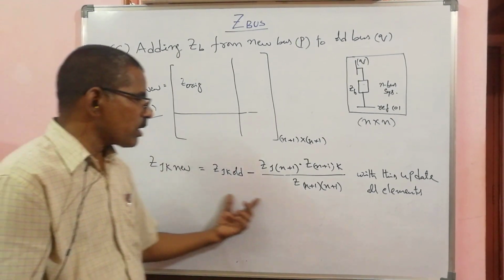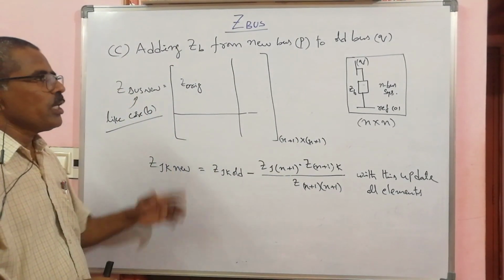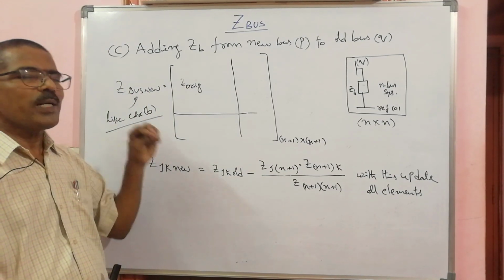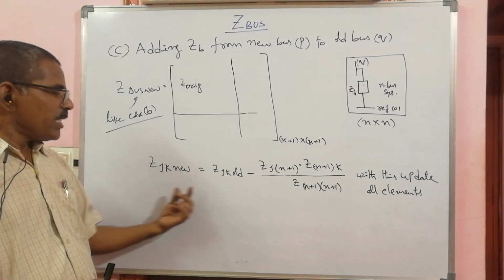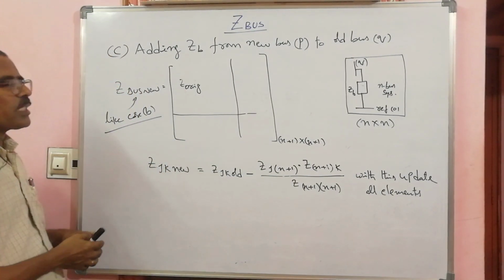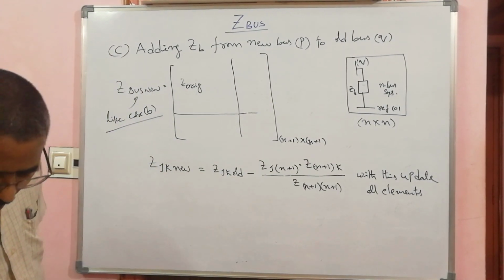That reduction requires this modification. Each element is to be updated, each element is to be modified, each element is to be changed. For changing that, use this formula. Okay, that is case C. Then case D.